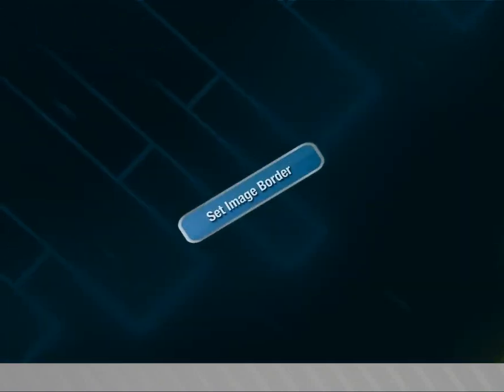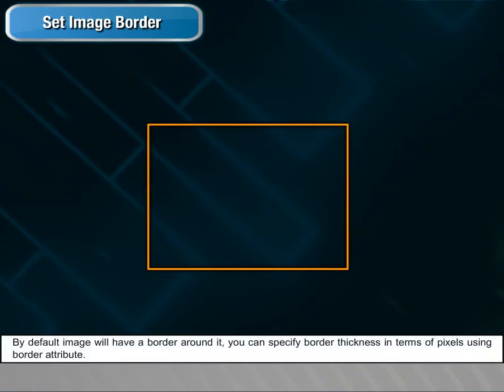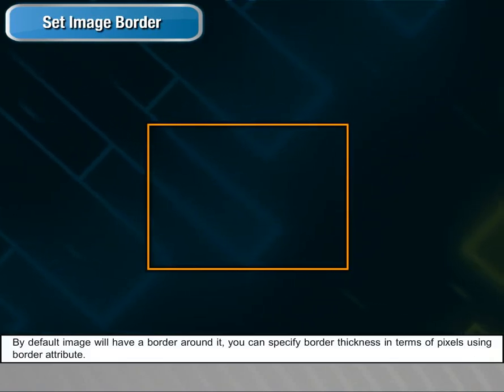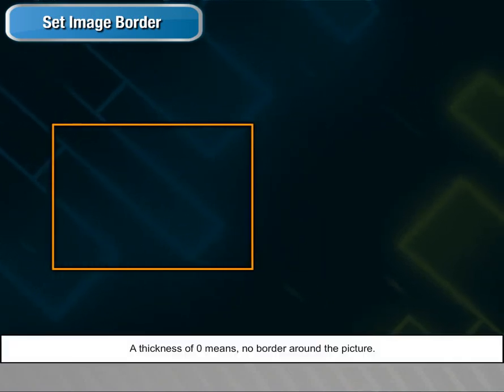Set image border. By default, image will have a border around it. You can specify border thickness in terms of pixels using border attribute. A thickness of 0 means no border around the picture.